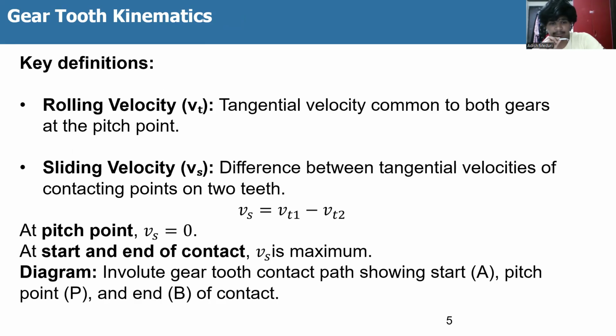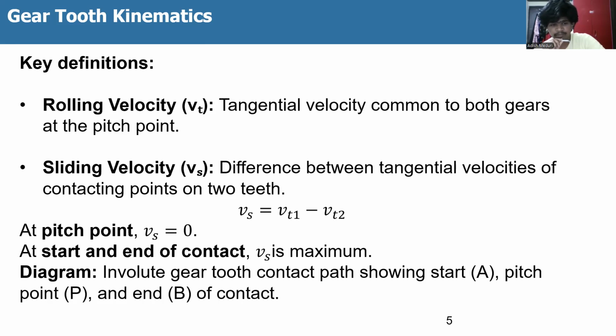Gear tooth kinematics. Key definitions. Rolling velocity, VT, is the tangential velocity common to both gears at the pitch point. Another key definition is sliding velocity, VS, the difference between tangential velocities of the contacting points of two teeth, that is Vs equals Vt1 minus Vt2.